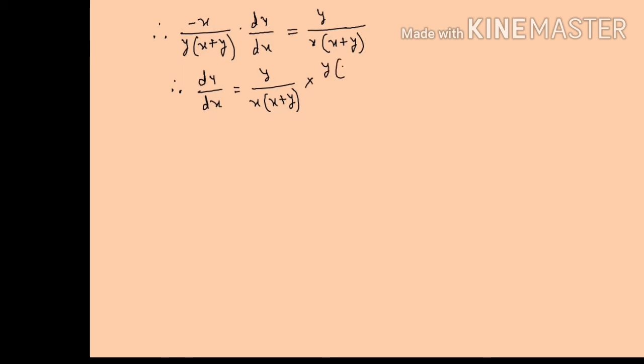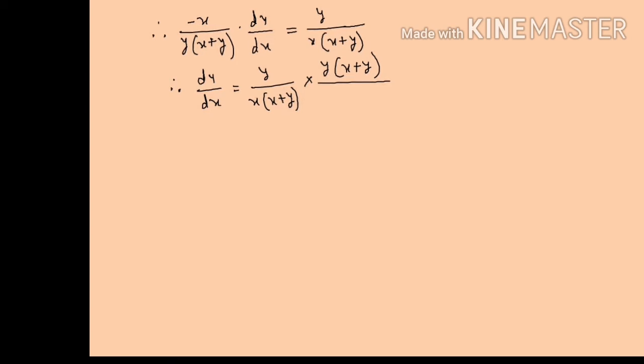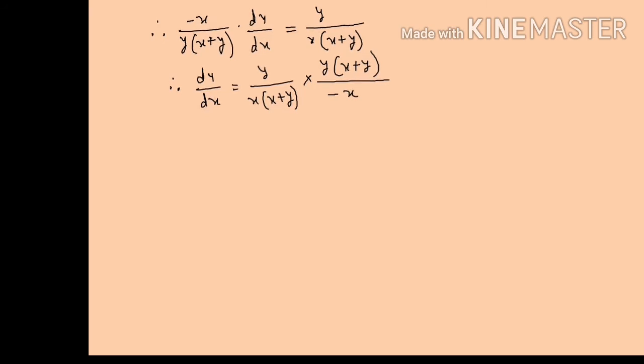So y into x plus y upon minus x. So your x plus y gets cancelled. Right?